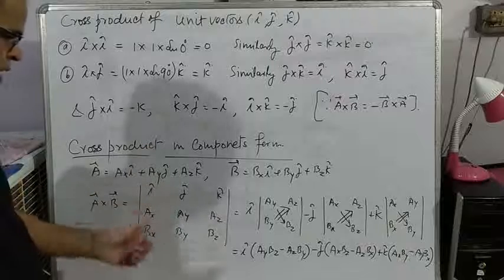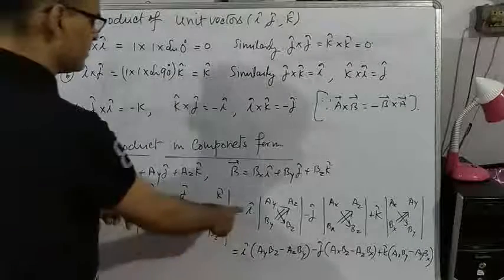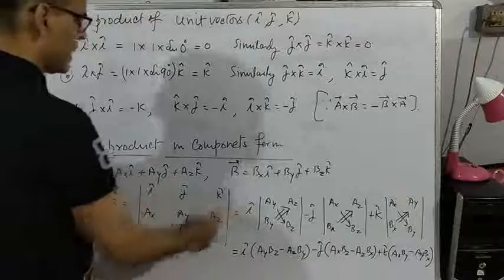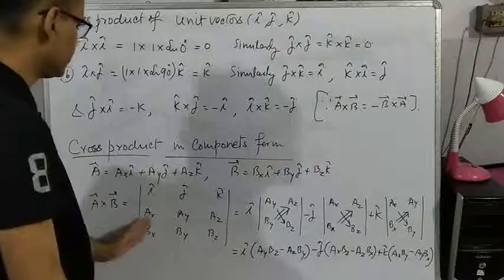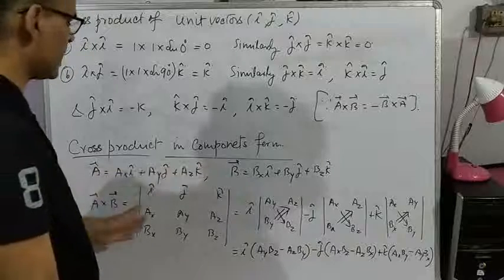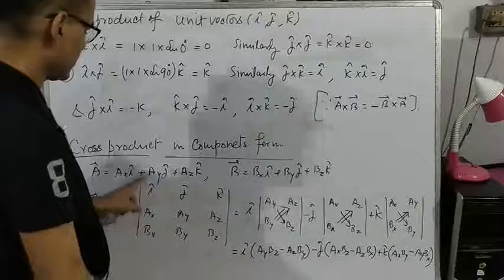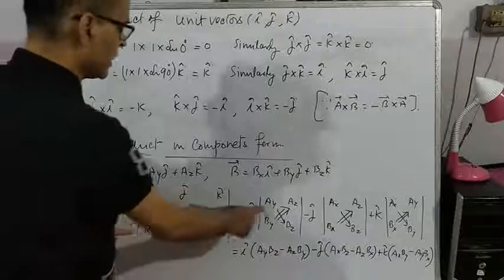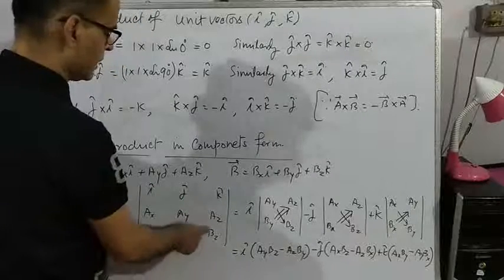Now the question is how to find value of this determinant. First you will write I, and when you are writing I, the column and row containing I are left. So I, this column will be left, AY BY is written, then AZ BZ.